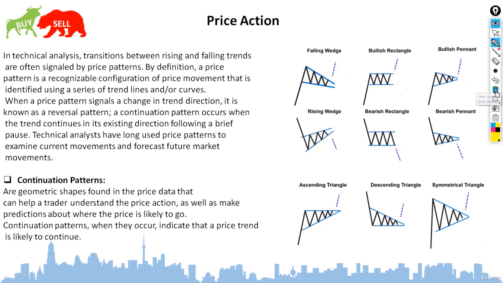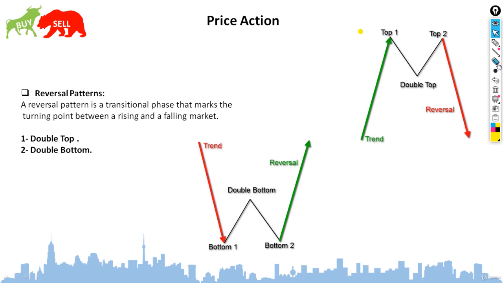In the second point, we are going to see the reversal price action patterns. In reversal price action patterns, there are a lot of patterns, but what we are going to study is just the double top and the double bottom. A reversal pattern is a transitional phase that marks the turning point between a rising and a falling market. As we can see here, we have a downtrend, a bottom.